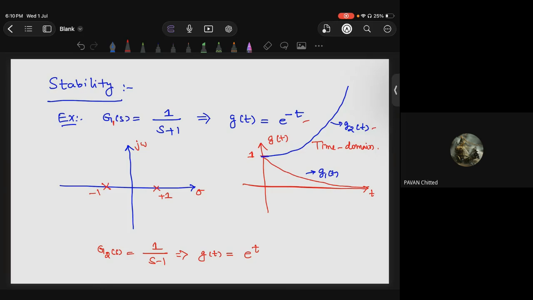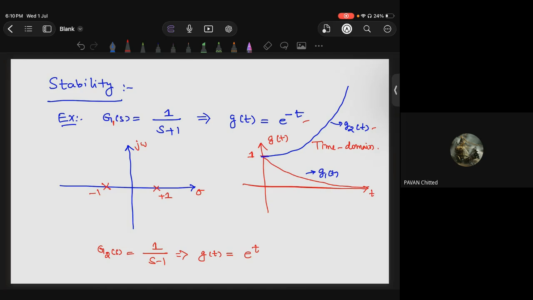Is it mandatory, or may it be any other finite number? No, it has to converge to zero. Okay, sir. This is one kind of stability. The other kind is bounded input, bounded output stability, which we'll discuss in the next slide. So the condition for stability is that the pole must exist on the left side. If it exists on the right side, it will be unstable.